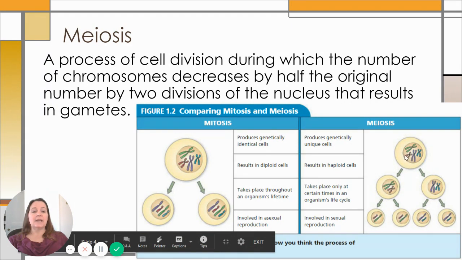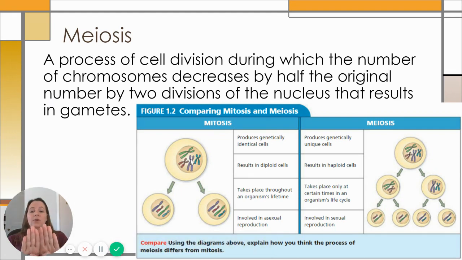You'll notice that at the end of the first division in meiosis, you still have the X-shaped chromosomes. Instead of pulling apart the sister chromatids, as you'll see when we talk about crossing over, in prophase 1 the homologous pairs, the X-shaped mom chromosome and the X-shaped dad chromosome, actually line up next to each other, and then those are separated.